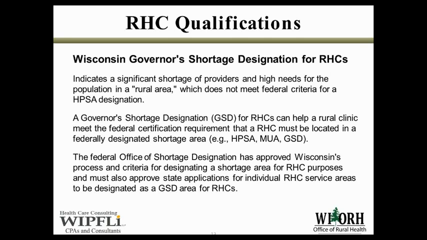So when we look at the state of Wisconsin, for example, they have developed criteria that's been approved at the federal office, a shortage designation level, and that criteria is now used and applied across the state to identify rural areas that may not meet federal criteria but do meet the state designation.